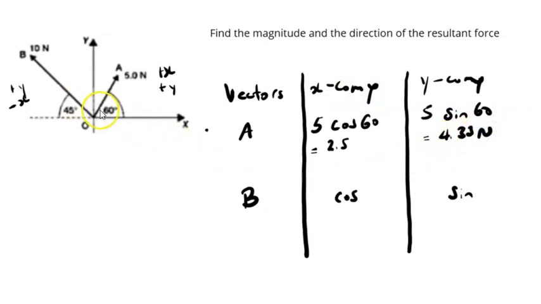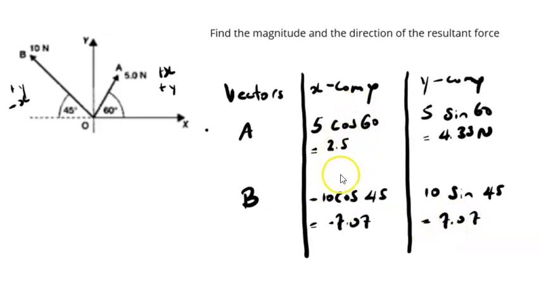Now we're looking at B. Notice that B is moved from right to left, therefore this should be minus 10 cos 45, and we end up with minus 7.07. Here y is positive, it's going upward, so we have 10 sine 45, and we end up with 7.07.